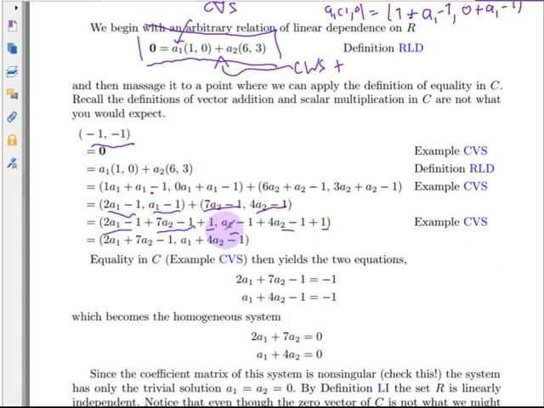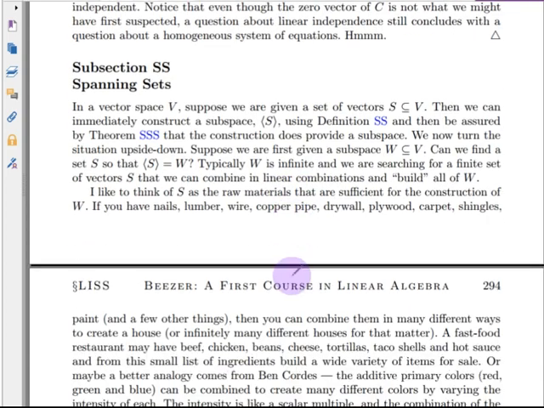Now, in order for this to be a valid linear dependence homogeneous relation, we need to end up with minus 1, minus 1. So that's where these two equations come from. Notice the minus 1's cancel, and I still get a homogeneous system of equations. And you solve it the very same way.